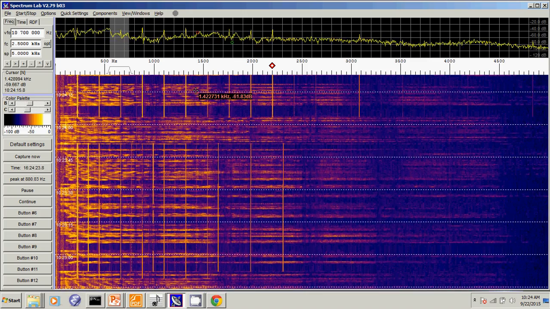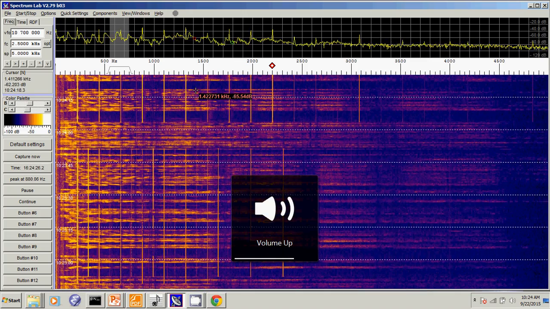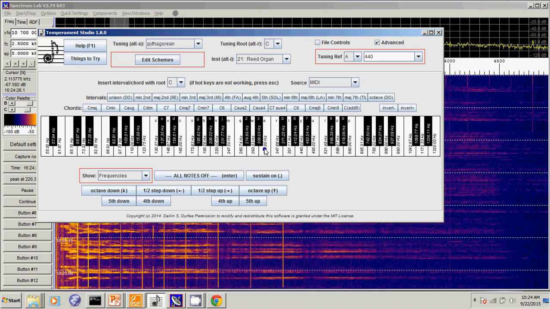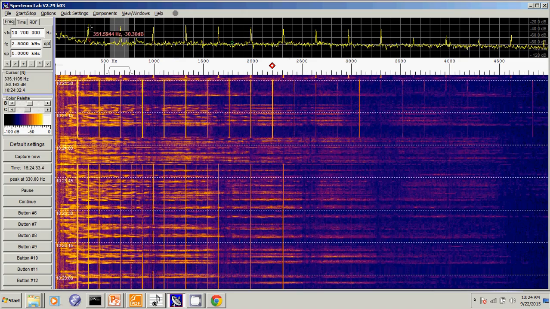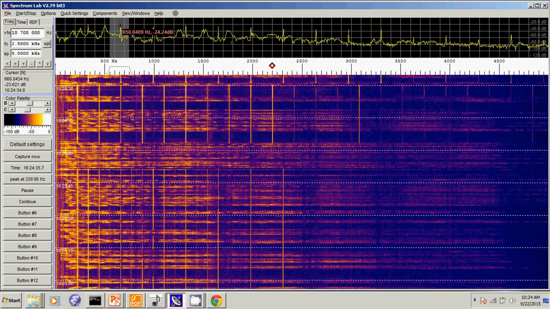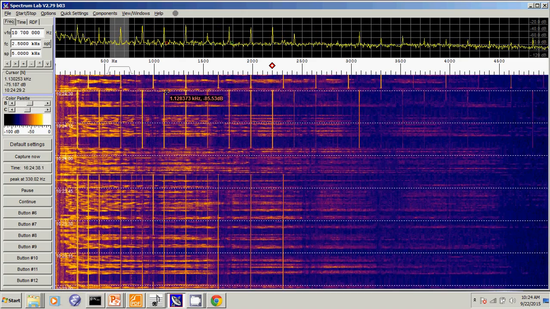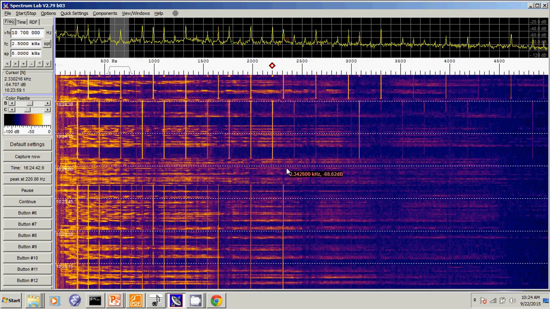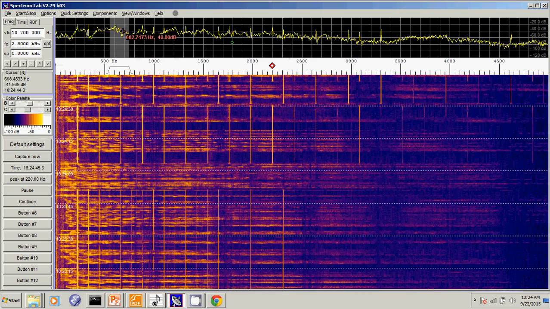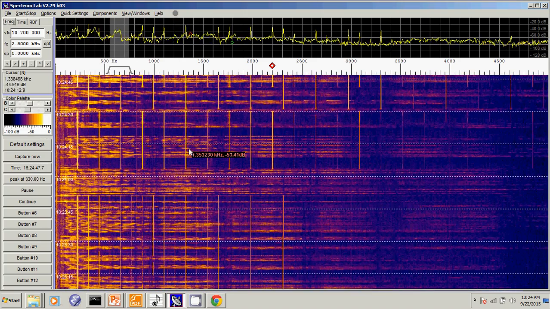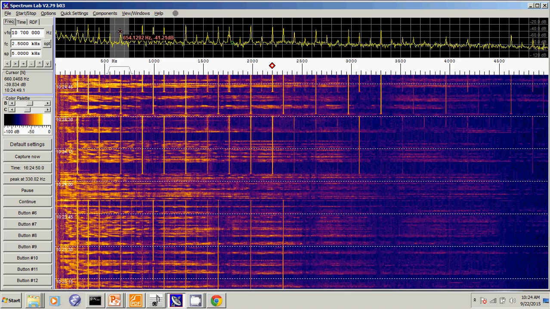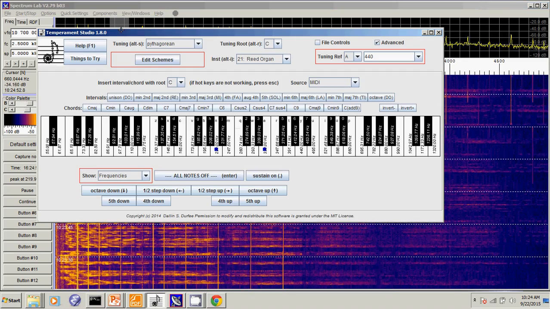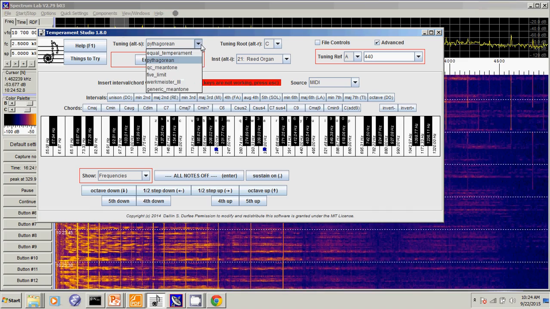Maybe I can turn this up a little. If I play my E, I get a peak at 330, at 660 and so forth. I get the harmonic series. If I play them together, they both have a peak at 660. So using Pythagorean tuning, they're right on top of each other.